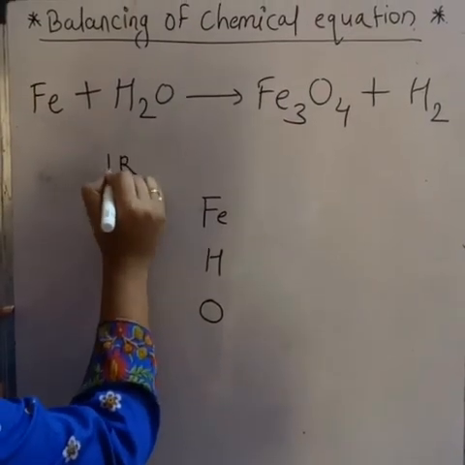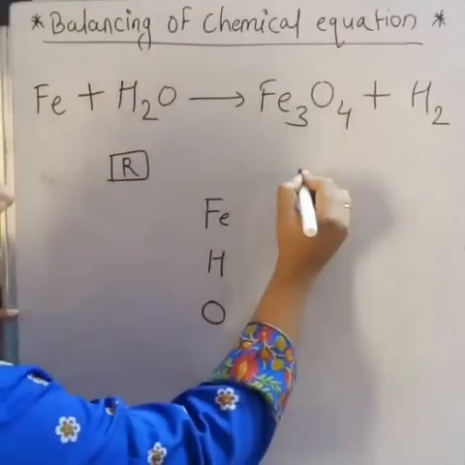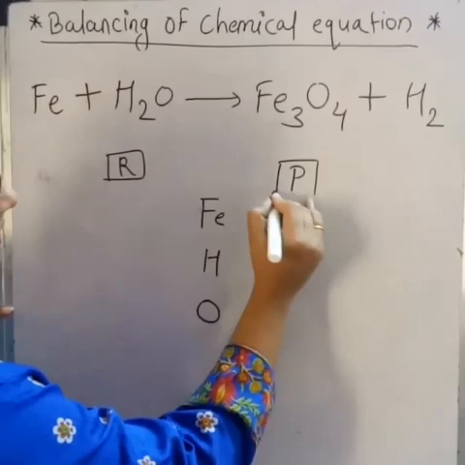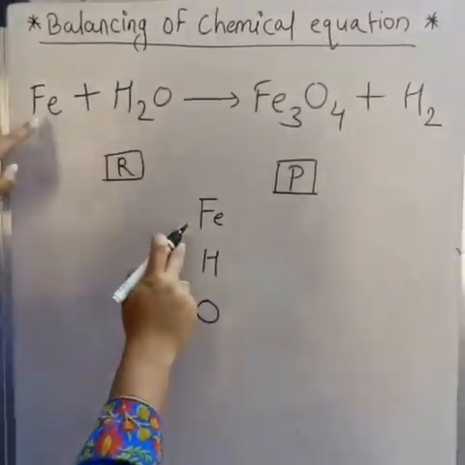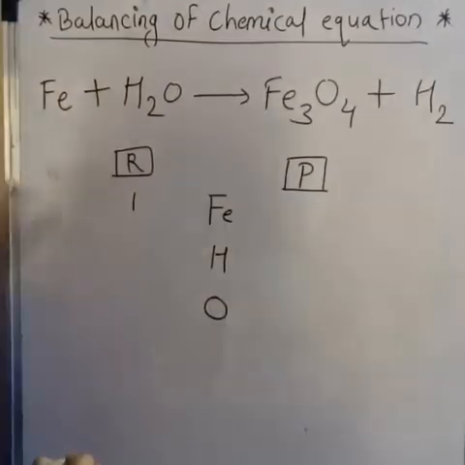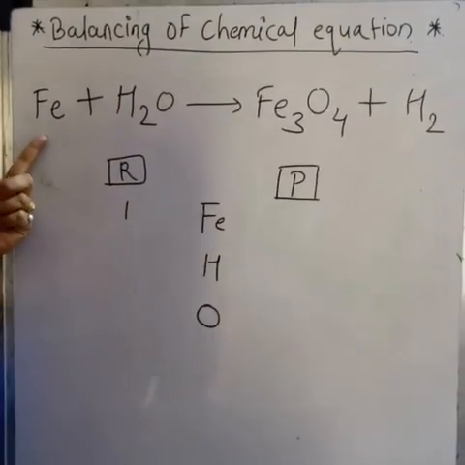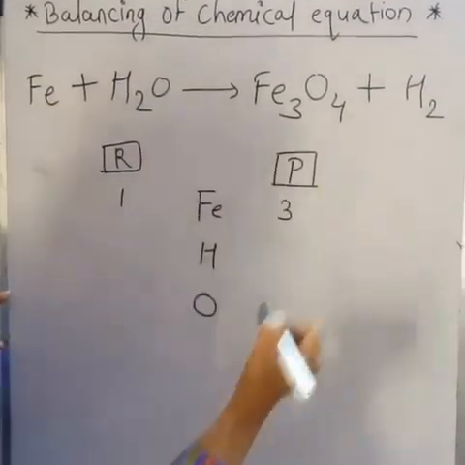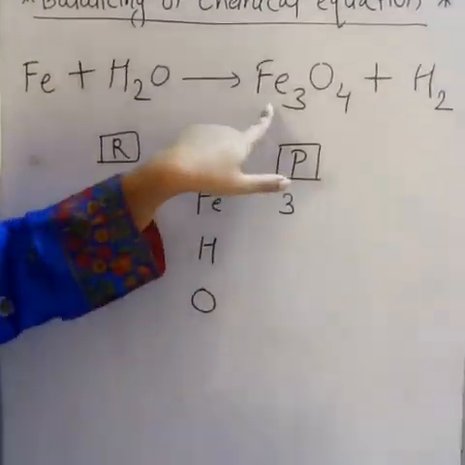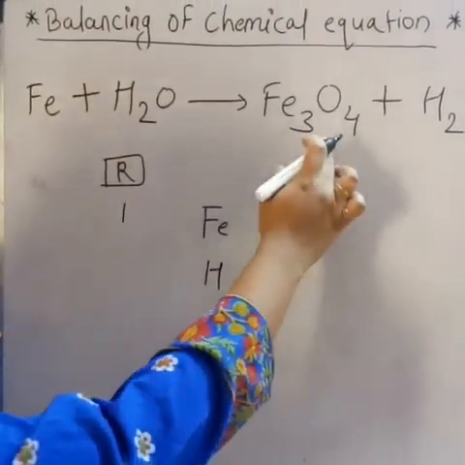So let's list out the total number of atoms in the reactant side and the total number of atoms in the product side. First Fe, we can see only 1 atom of iron is present in the reactant side, and a total of 3 iron atoms are present in the product side in the formula Fe3O4.